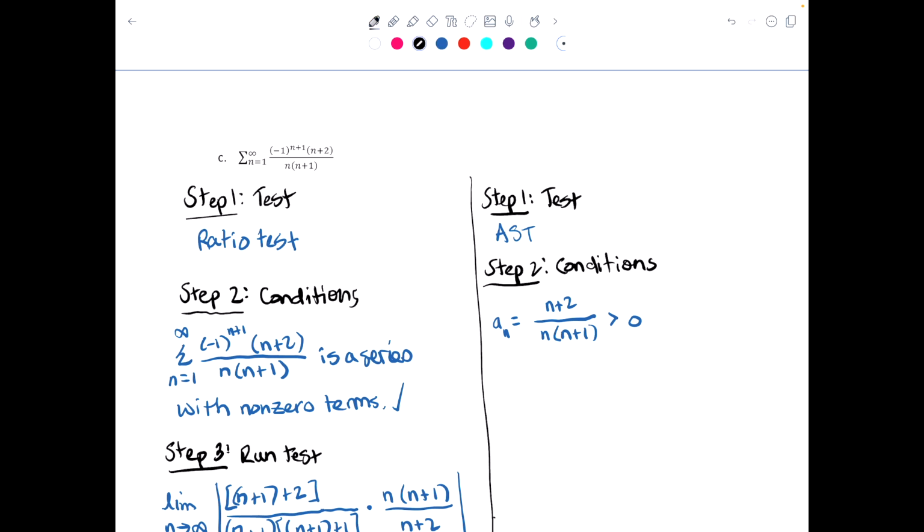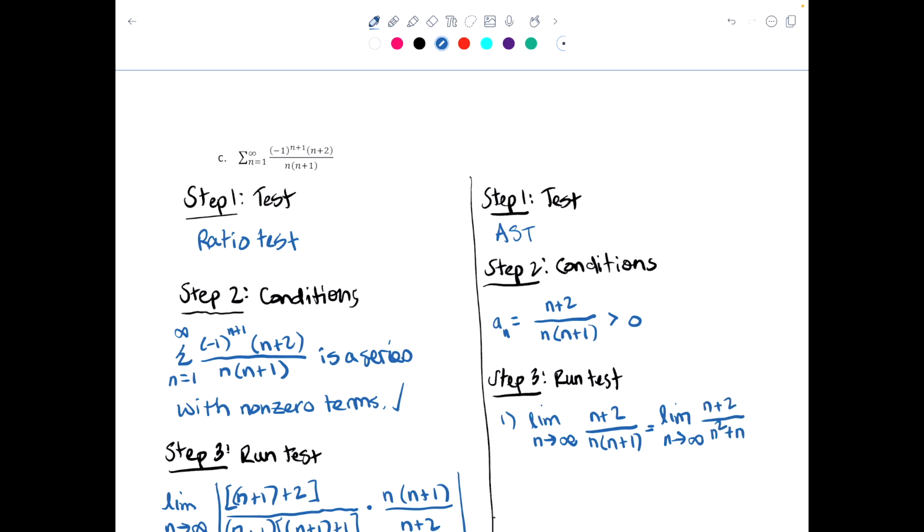So now we will run the test. So part 1, we need to find the limit as n approaches infinity of n plus 2 over n times n plus 1, which will be the limit as n approaches infinity of n plus 2 over n squared plus n.